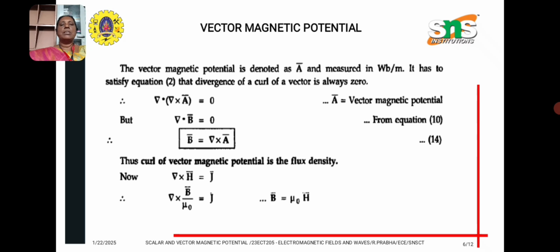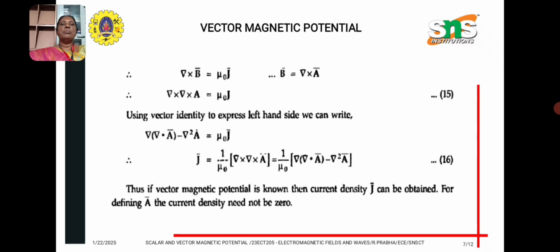Del cross H is equal to J, and replacing H as B by mu naught, we get del cross of B by mu naught is equal to J. Now del cross B is equal to mu naught into J, and substituting B as del cross A, we can modify the previous equation as del cross del cross A is equal to mu naught J. Using a vector identity to express the left hand side, del cross del cross A is equal to del into del dot A minus del squared A. By substituting, we can equate this to mu naught J. So finally we can write the expression for J as 1 by mu naught del cross del cross A is equal to 1 by mu naught del into del dot A minus del squared A. Thus, if vector magnetic potential is known, current density J can be obtained.